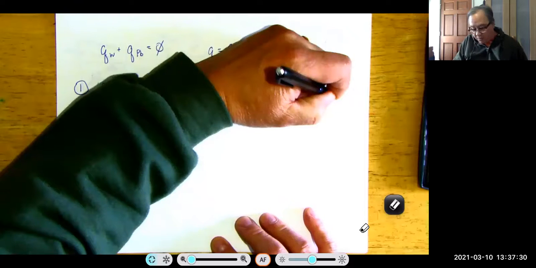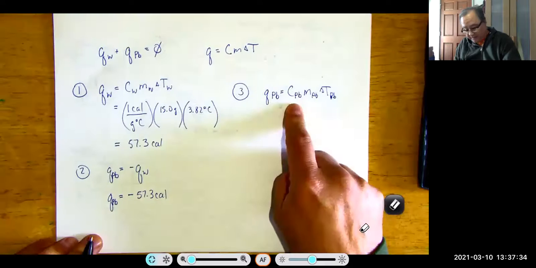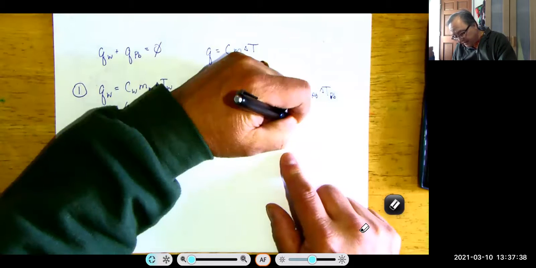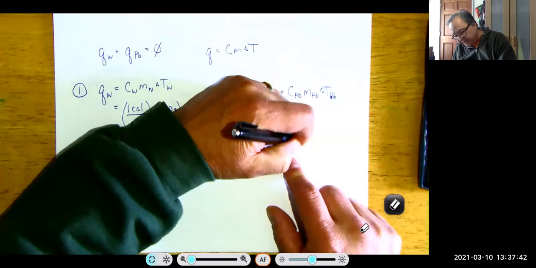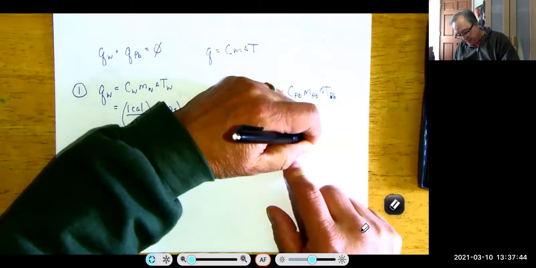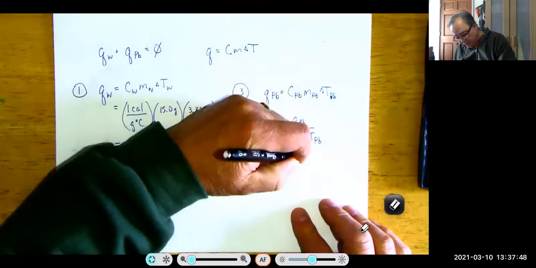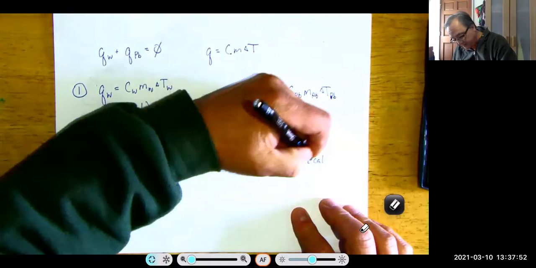But in this case, we don't want Q of the lead, we have it. We want C. So C of the lead is Q of the lead over mass of the lead, change in temp of the lead. And when we plug all these numbers in, we get negative 57.3 calories.